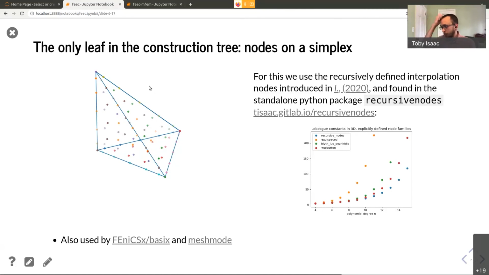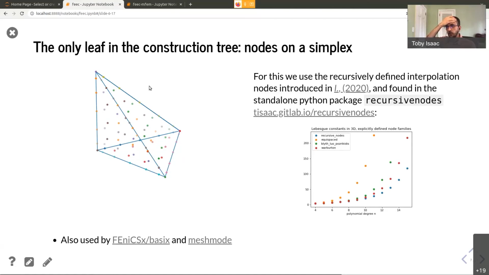Okay, so when I need to construct nodes on a simplex, there are obviously papers out there where you can find people who have numerically tried to minimize the Lebesgue constant by the placement of the nodes. That's more common.